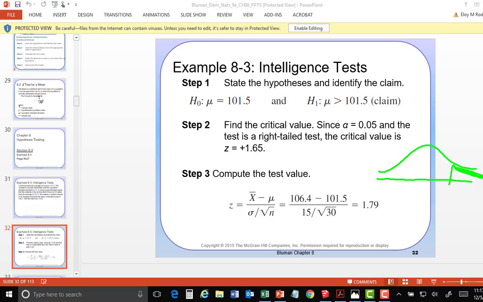Inside here, I'm going to have 0.05. Notice that I didn't divide it by 2. Why didn't I take alpha and divide it by 2? I've got a one tail test, so it's all going in there.